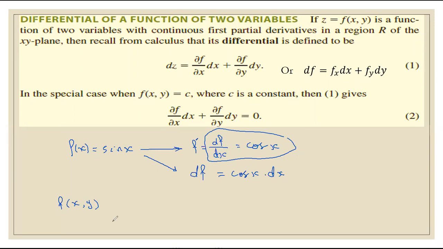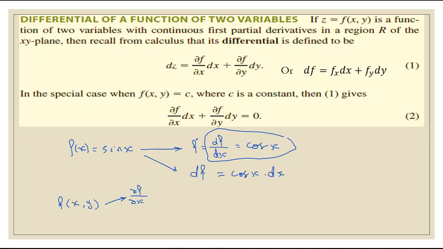But you can say there is partial derivative, and also you can say there is differential. So the partial derivative may be partial of f by partial of x. So this is the first derivative with respect to x. I call it partial derivative.